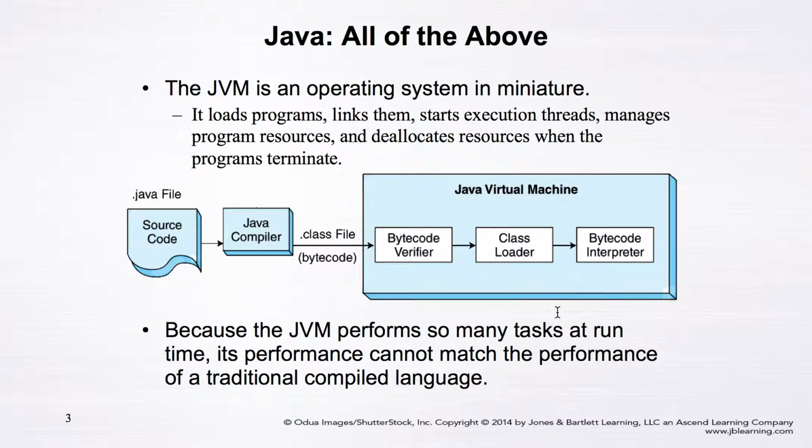Because the Java Virtual Machine performs so many tasks at runtime, the performance of programs written in Java cannot match the performance of traditional compiled languages such as C or C++, and so on.